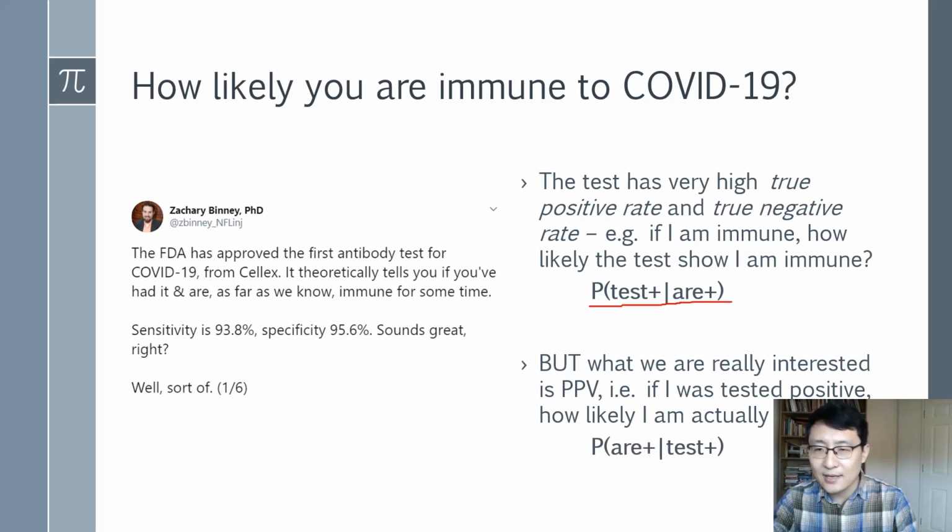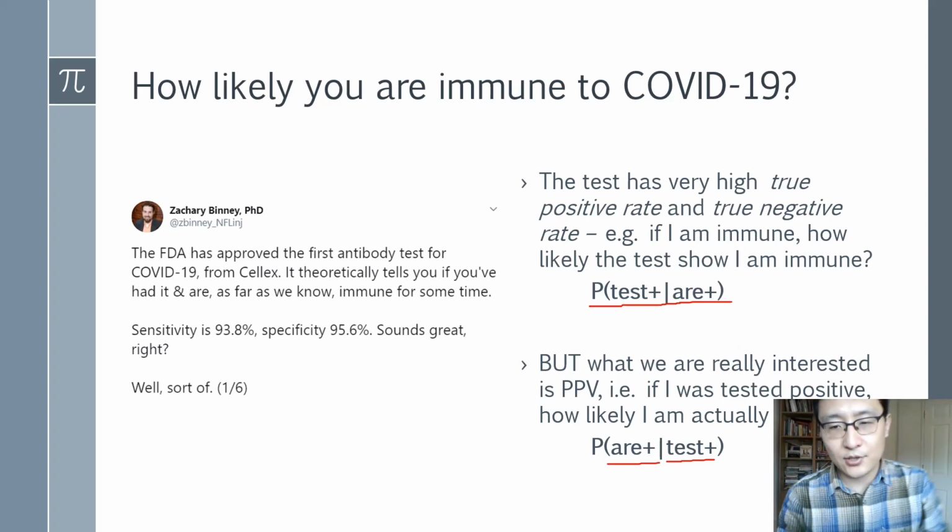I have taken a test, and the test says I'm positive. So what is the probability that I am indeed positive? This is a more interesting question: how likely you are immune to COVID-19 after you have done the test.